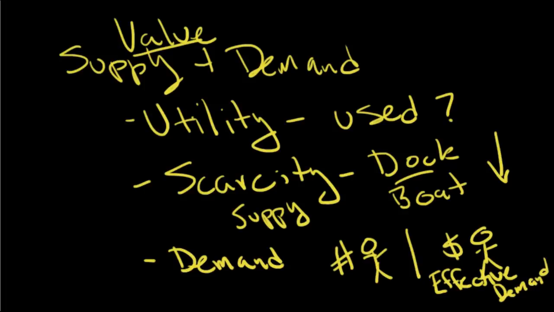Hey, I want to live on Park Avenue. A lot of people do, but there are only so many people who can actually afford it. And so that's effective demand.